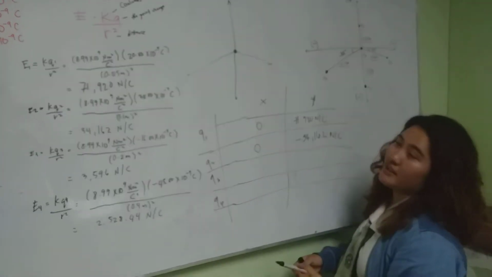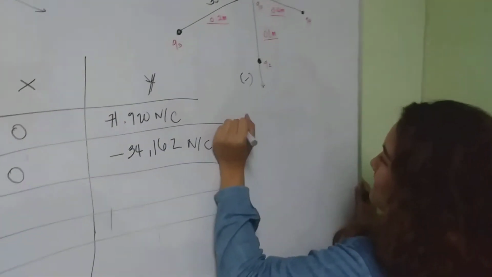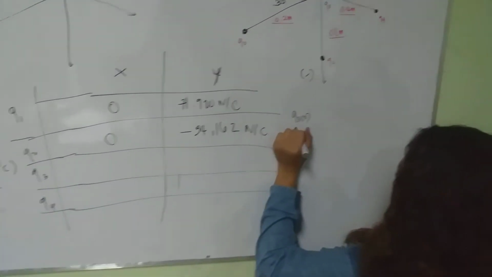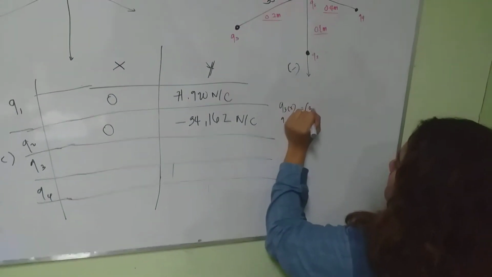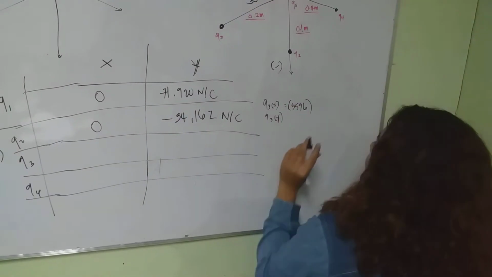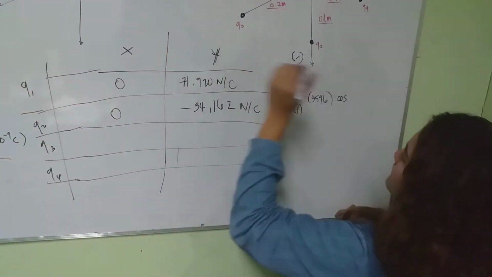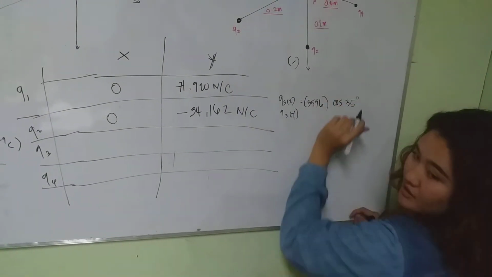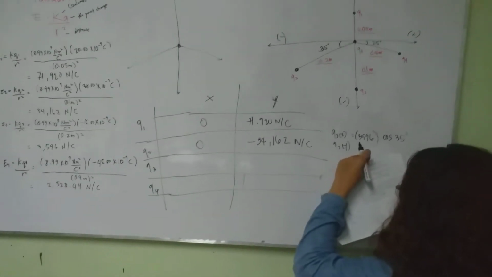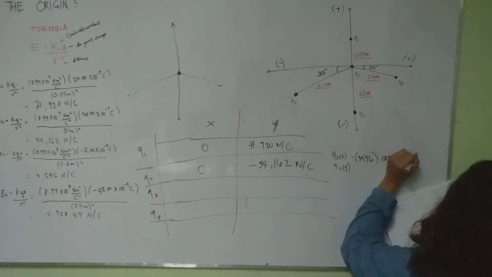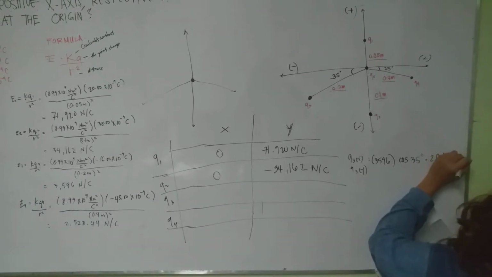So here, for the Q3x, Q3y. Our Q3 value is 3,596. And to get the x component, we'll be multiplying with cosine, and the angle is 35, so cosine 35 degrees, which will be 2,945 newtons per coulomb.